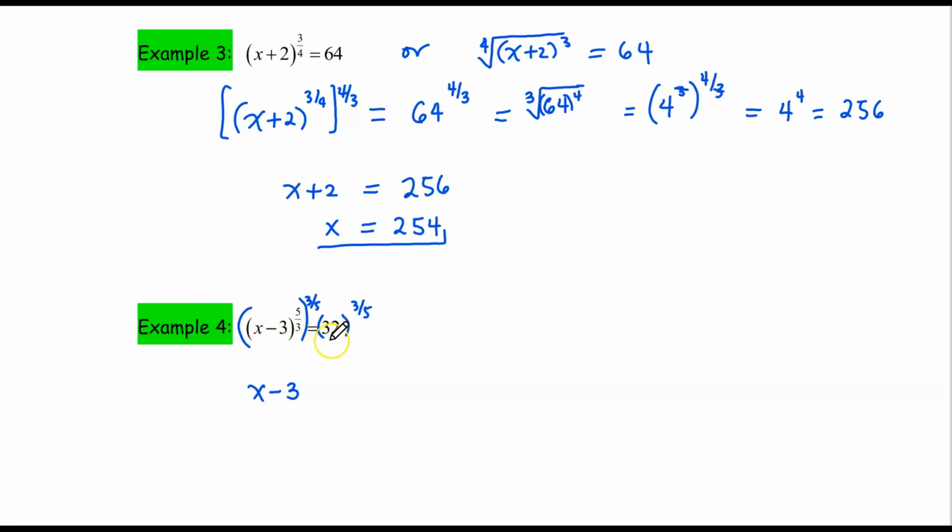Now, this 32 here is also equal to 2 to the 5th. So that is 2 to the 5th raised to 5/3... so the 5 cancels. This is equal to 2 cubed, which is equal to 8. So that is just 8. And transposing this to the other side, or adding 3 on both sides of the equation, you have x equal to 11.